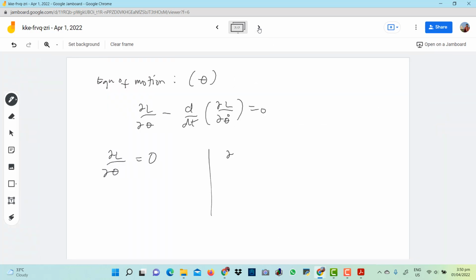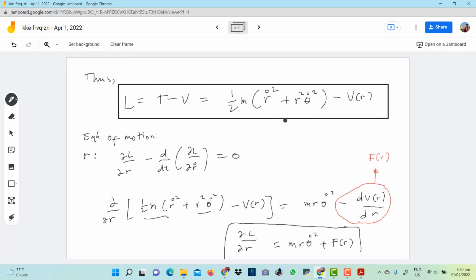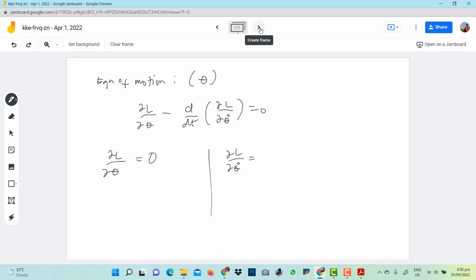For partial L with respect to theta dot, I differentiate with respect to theta dot. That's equal to 2, and the one-half disappears, so I have m r squared theta dot only. Now if I do d dt of m r squared theta dot, what would that be equal to?